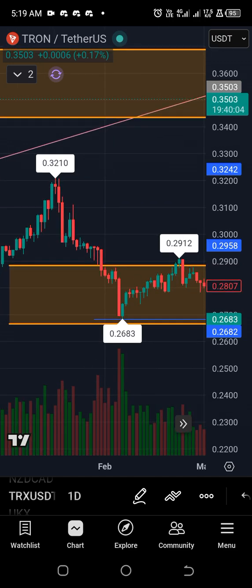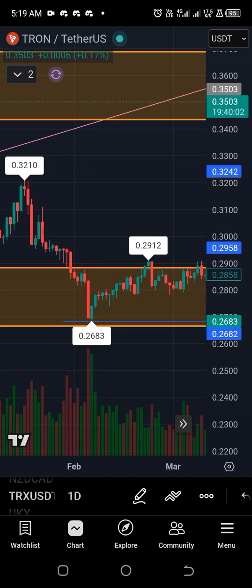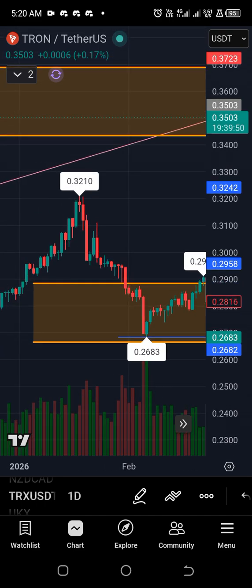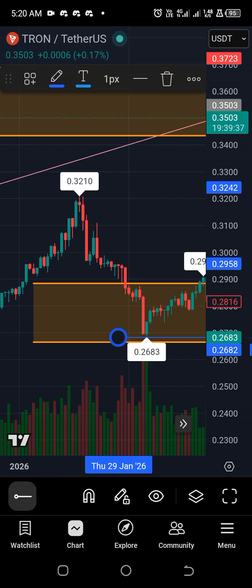price came to a point where another order block was formed. So I drew this order block, in this case a bullish order block, which is acting as a support. So the lowest level of price before this current time, in this case here, is 0.2683. You can see that, 0.2683.